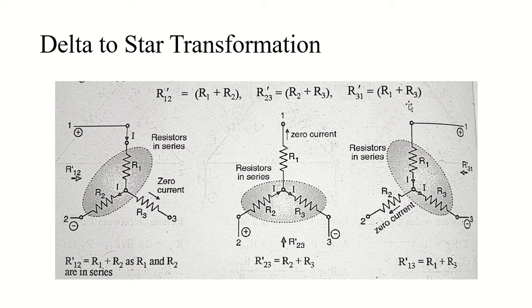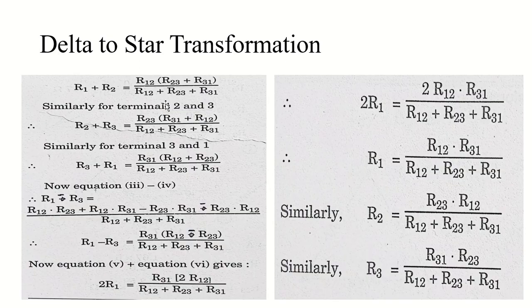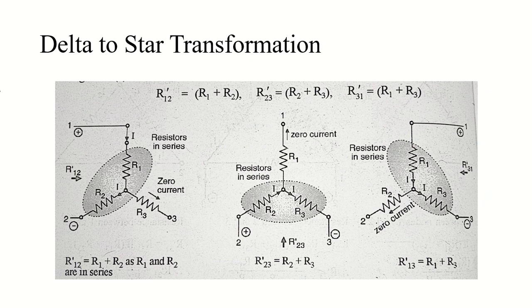Now as we said, it should be equal, which means we will compare them with each other. So we will compare this R12 dash of star connection with R12 dash of delta connection, and we will compare them for all three of the formations.